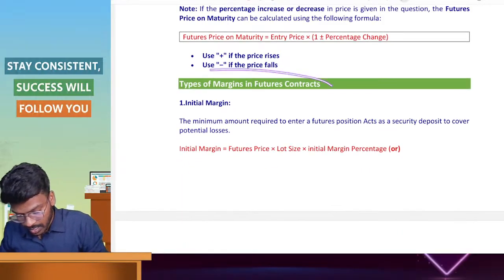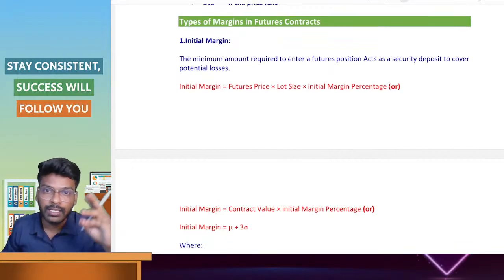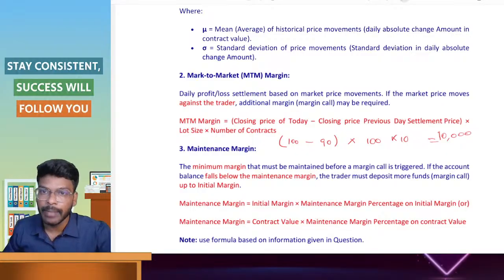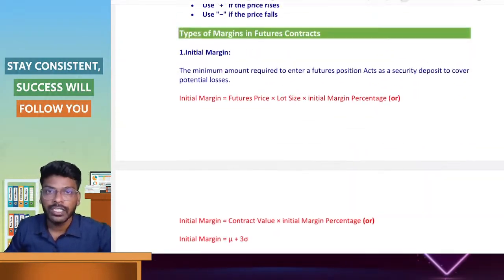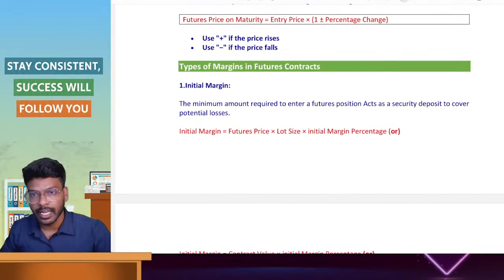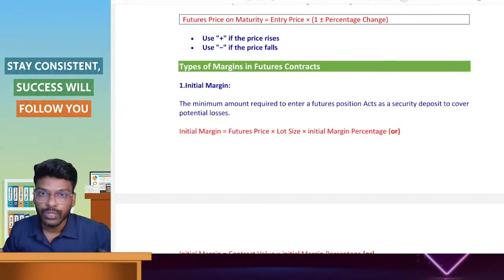We have discussed types of margins in futures. There are initial margin, mark to market margin, maintenance margin and call money requirement. In case of initial margin, the money has to be kept deposited with the stock exchange for future losses.